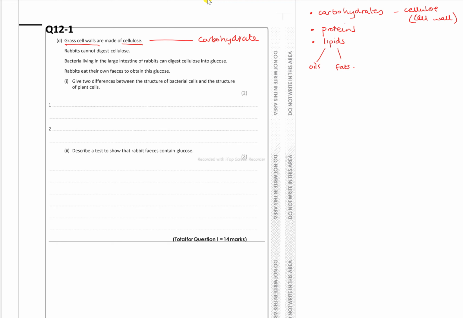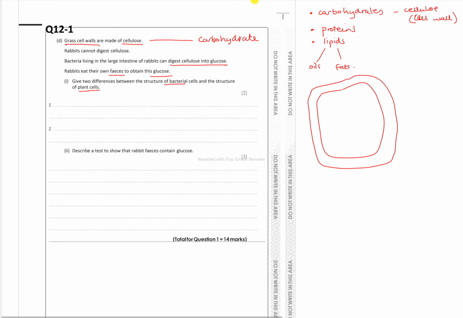Okay. Ooh, yeah, this takes it a stage further. So bacteria living in the large intestines of rabbits digest cellulose. Rabbits eat their own feces. Okay, that's interesting. Yes, okay. To obtain this glucose. Give two differences between the structure of bacteria and plants. Right. So I've just drawn a bacterium cell, so I'm going to draw a plant cell.